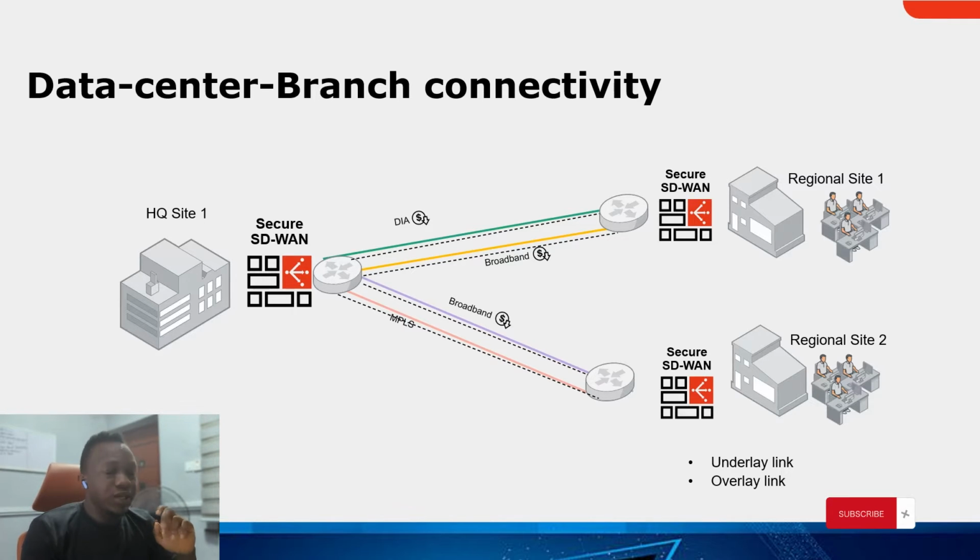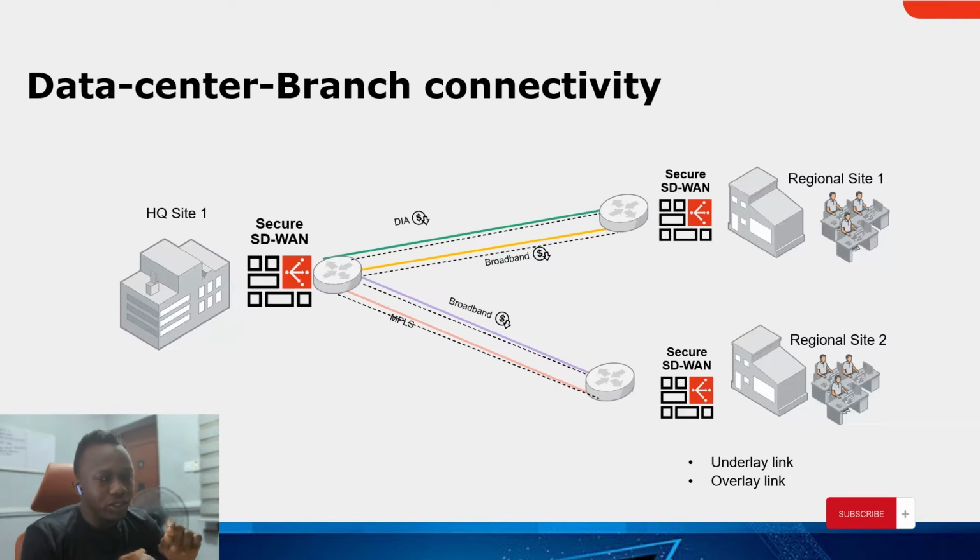And at that edge, a link will be terminated, or two links or three links, depending on the architecture of that environment, will be terminated on those devices. Let's say the broadband and the DIA link or the MPLS link, based on the design that is here, and that is known as the underlay link. If you have an MPLS link directly terminated on the FortiGate, or a broadband link, or a DIA link, or an internet service provider link terminated on the FortiGate device, they are always known as the underlay link.